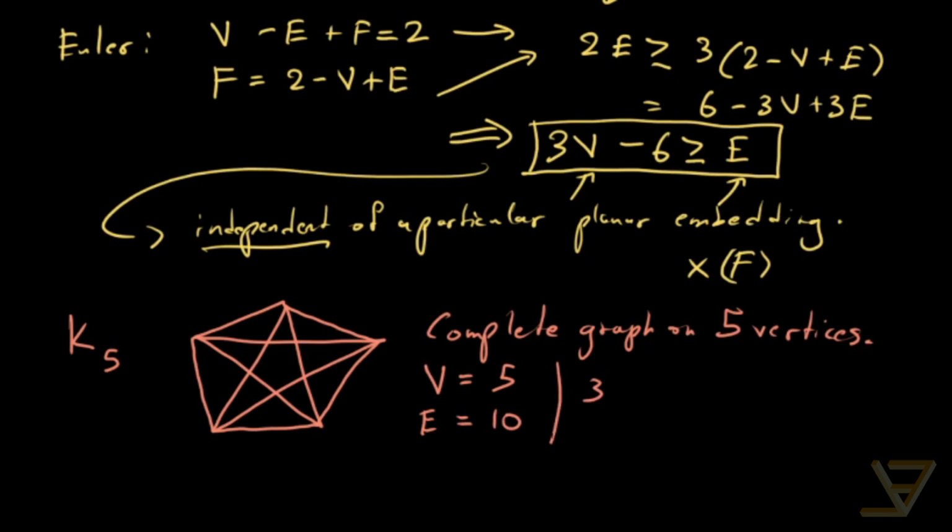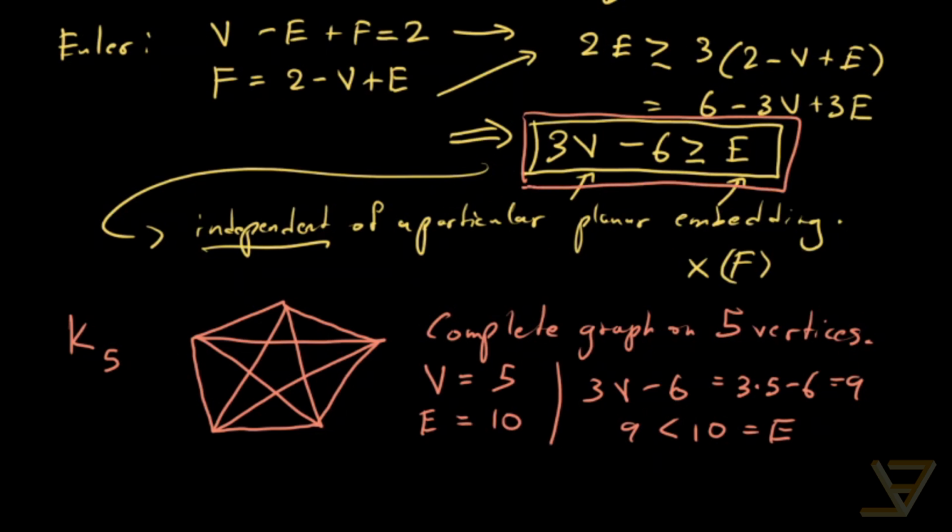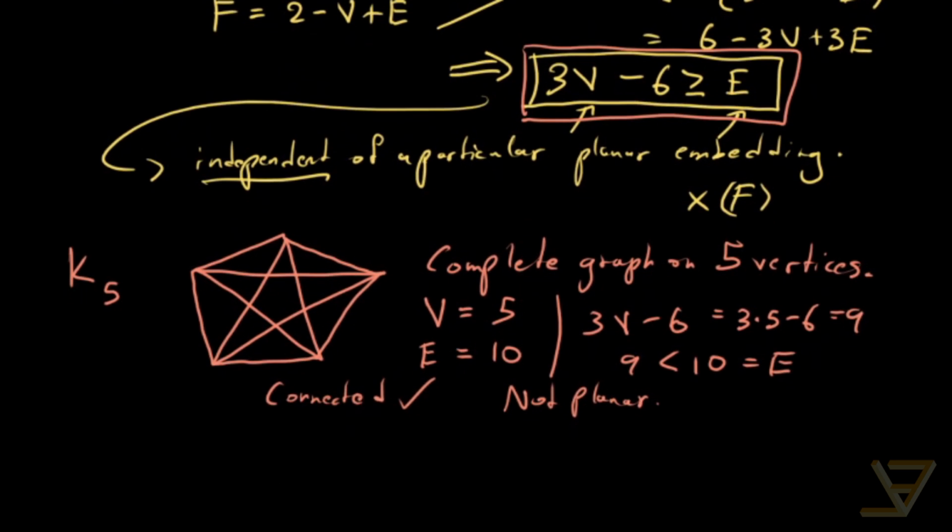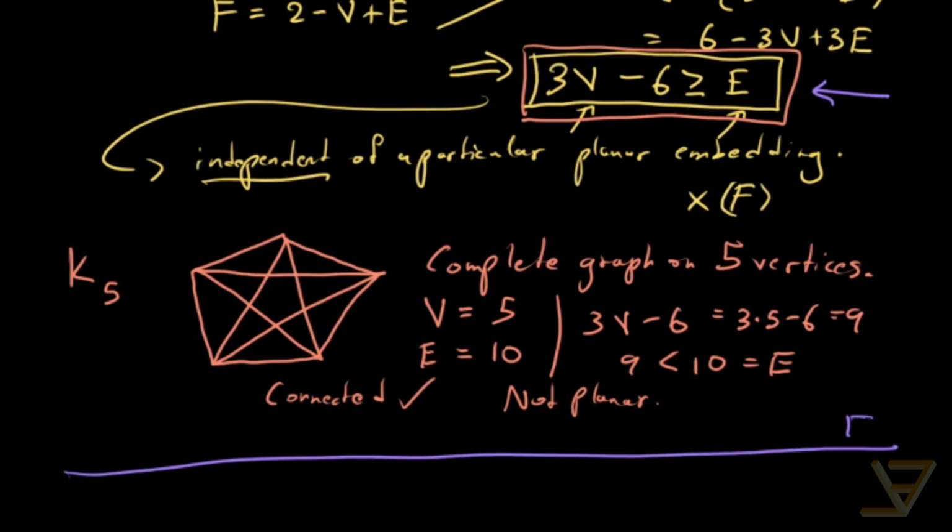And we find that 3v minus 6 is equal to 3 times 5 minus 6, which is 9. And 9 is less than 10, which is equal to e. So this criterion does not hold, and this is connected because it's a complete graph. So that means it is not planar. There is no planar embedding of this graph. So that's an example of us using this criterion. Thanks for watching, and I'll see you next time.